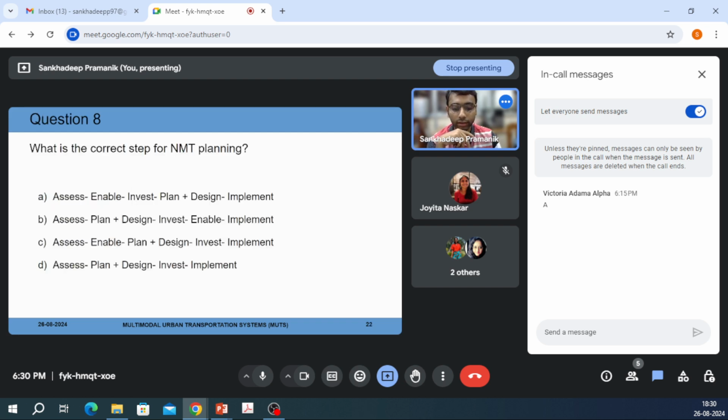Next is, what is the correct step for NMT planning? These are the options.